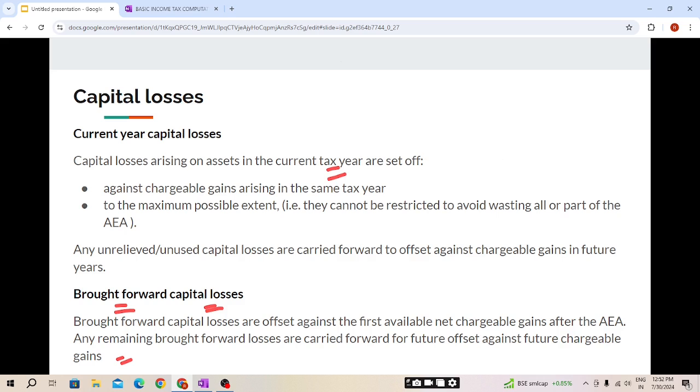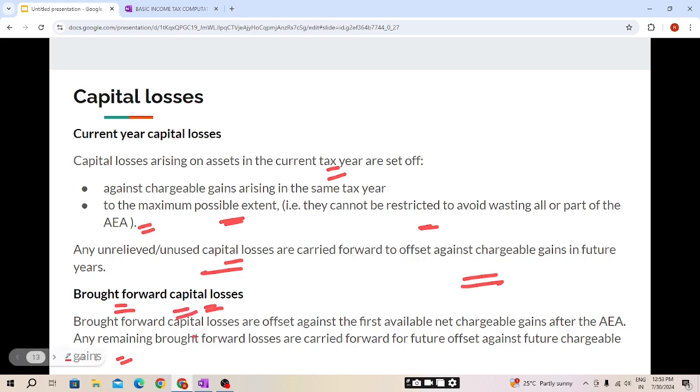We need to set it off to the maximum possible extent. It cannot be restricted to avoid wasting all or part of the AEA. So we can't restrict the amount. If further loss is there after relieving against the current chargeable gains of the current tax year, then the unrelieved capital loss is carried forward to offset against chargeable gains in future.